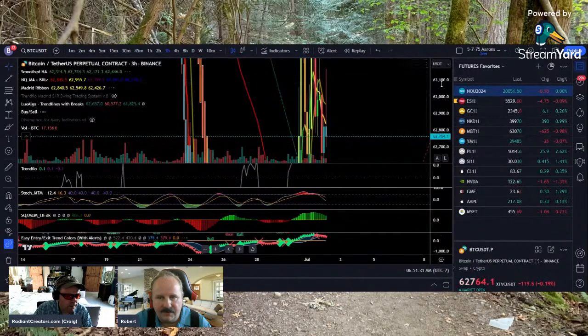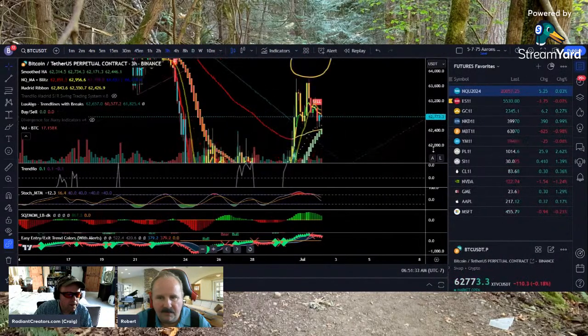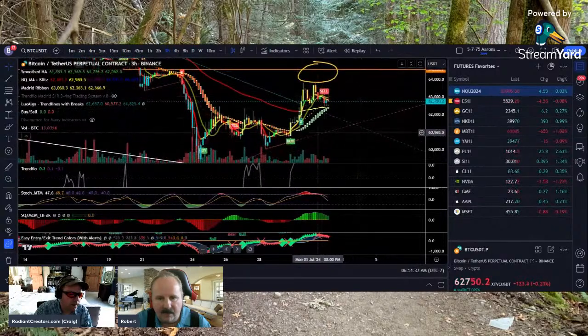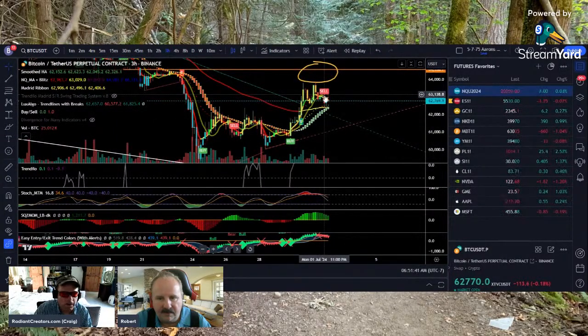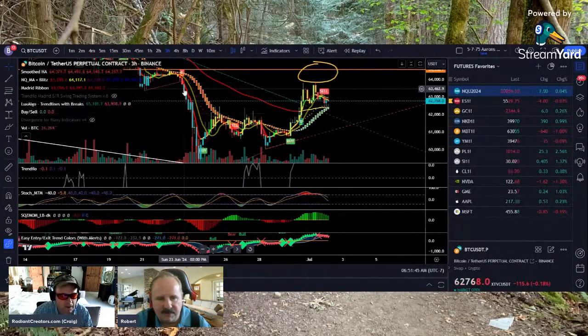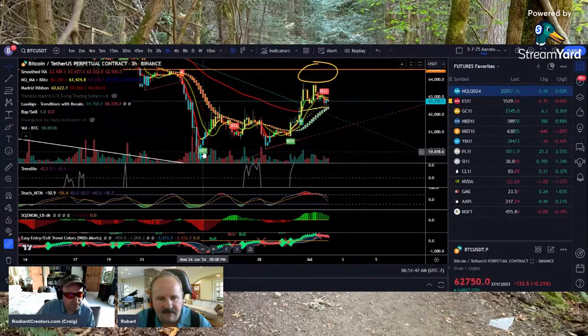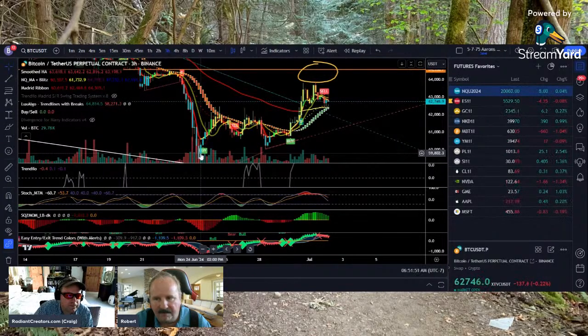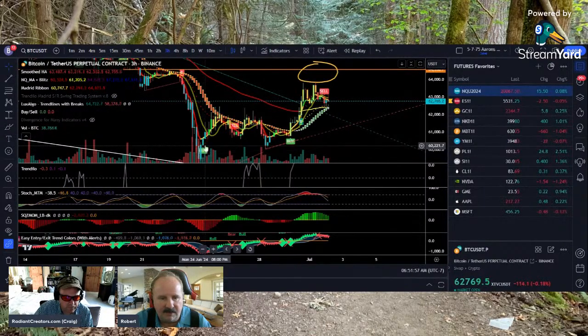So there is Bitcoin on the 3-hour. You've got a buy signal here, sell signal here. It works best, of course, when you have a decisive move preceding the signal. So you got a big roll over and dump here, down like $4,000, $5,000, and then you got a buy signal.